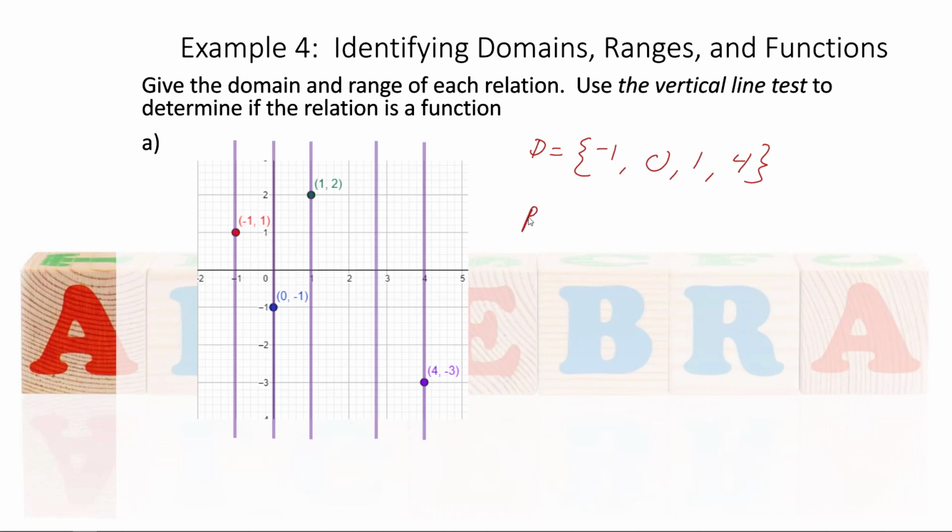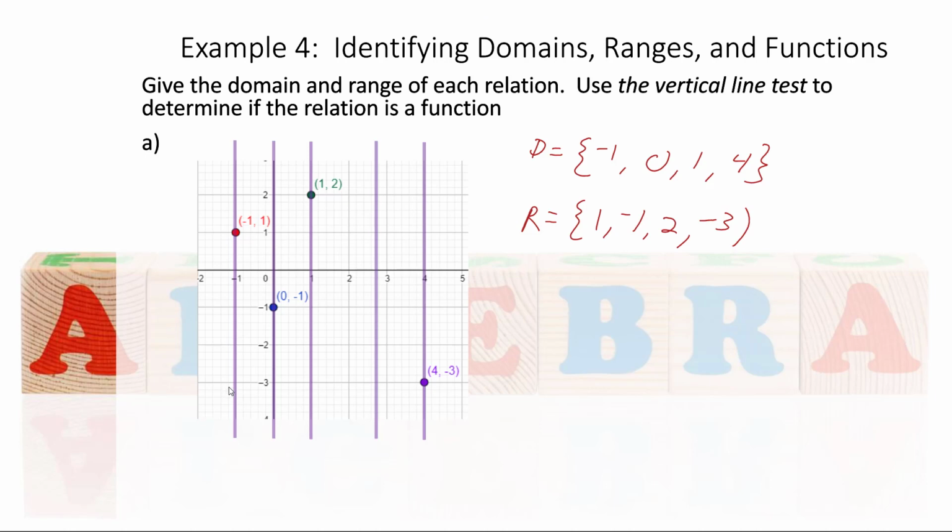The range is the outputs, or the second coordinates, and for that one we would have a 1, a -1, a 2, and a -3. Does this relation represent a function? Well, it turns out, yes, it does.